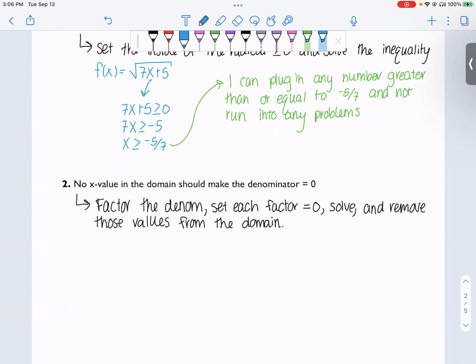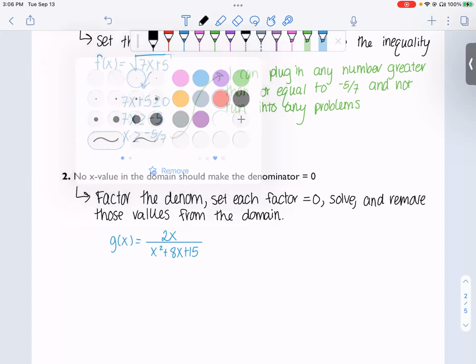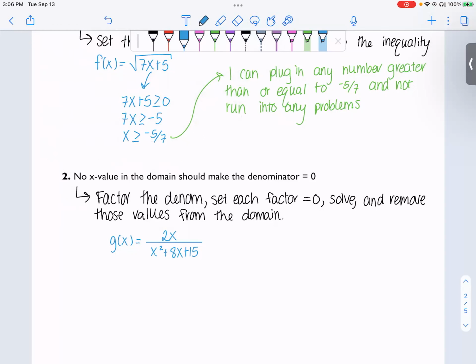So for example, let's say we had something like g of x is equal to 2x all over x squared plus 8x plus 15. I'm going to take this denominator and factor it.